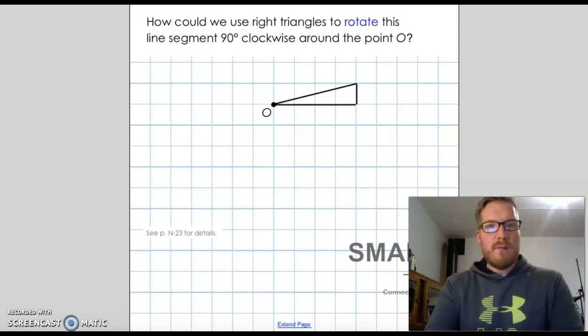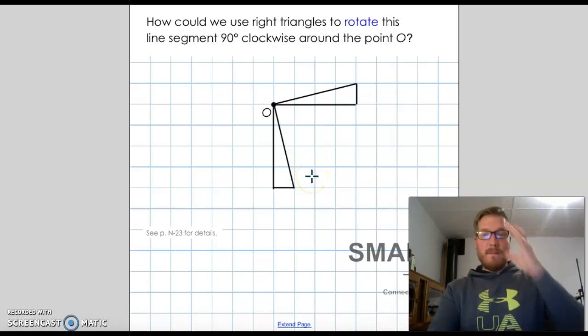Oh, still need my line tool. So you'd still have this 4 down here, and then you can imagine that you've rotated the shape.